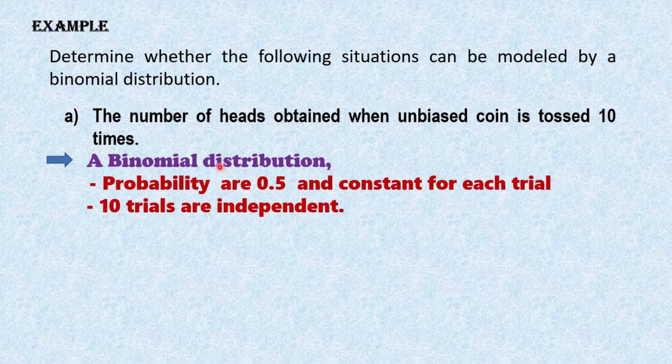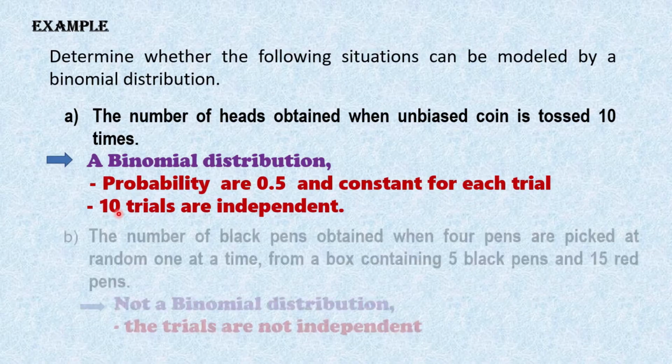So this is a binomial distribution because the probability of getting a head every time you toss a coin is 0.5. That is constant for each trial. And we have n trials, 10 times you toss a coin.